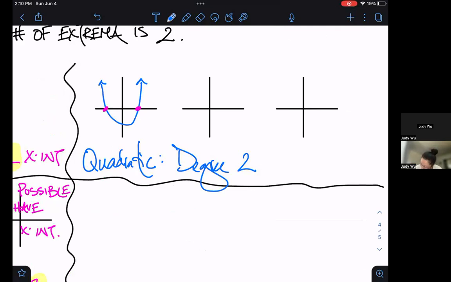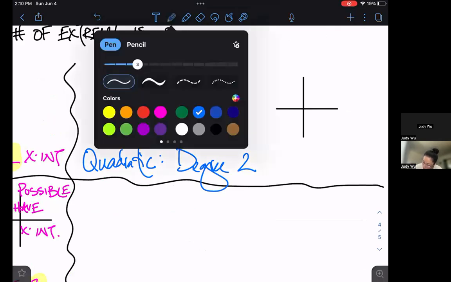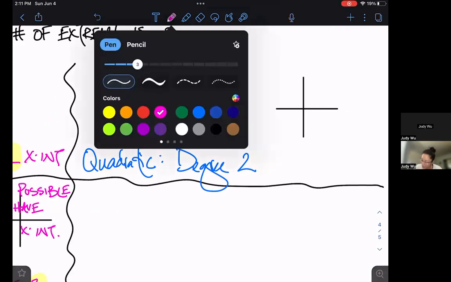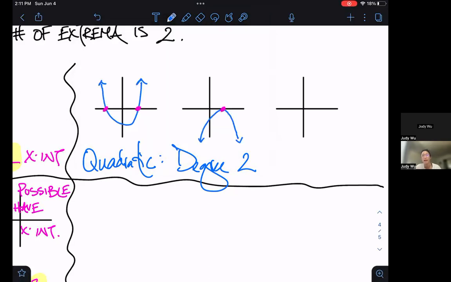Well, maybe it looks something like this, where this one only has the one x-intercept. And last but not least, can I draw a parabola that doesn't cross the x-axis at all? Turns out I can if I have one that goes like this, right? This one has no x-intercepts, right?